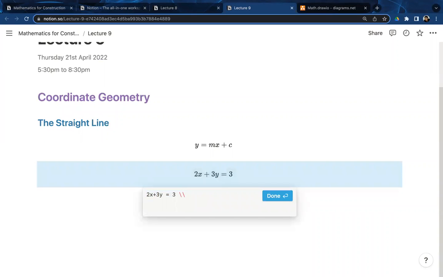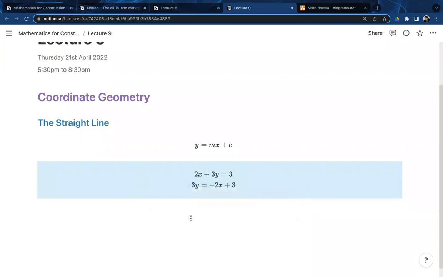So I would transpose the 2x, so 3y equals negative 2x plus 3, right? And then you divide by 3.